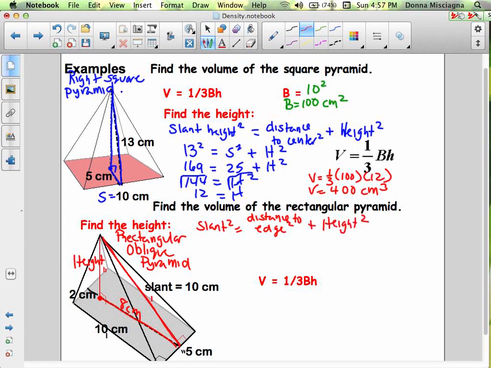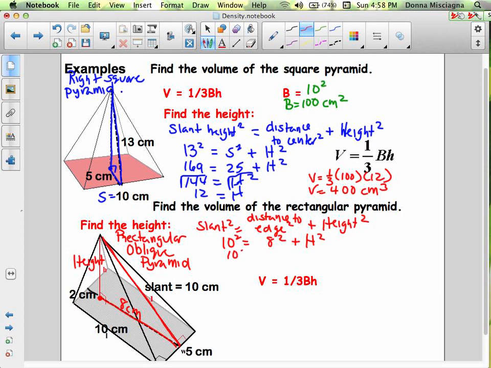All right, so the slant is 10. The distance from the edge to that point underneath the vertex is 8. So we got 10 squared equals 8 squared plus, and we're looking for the height squared.